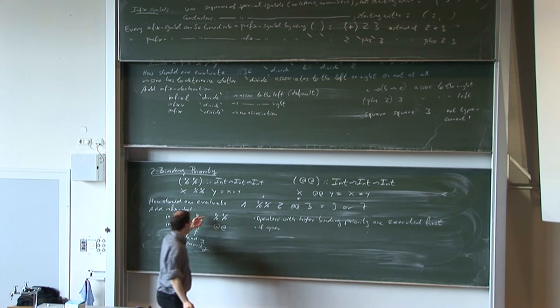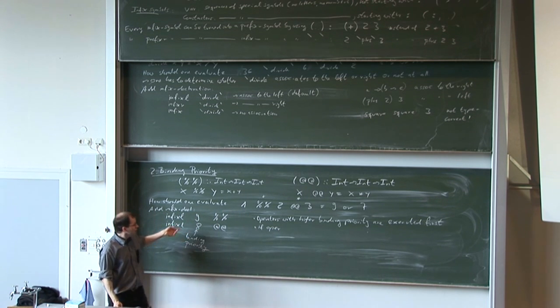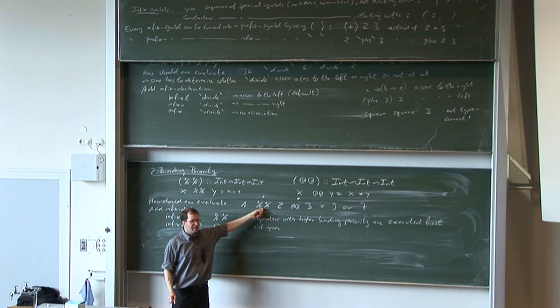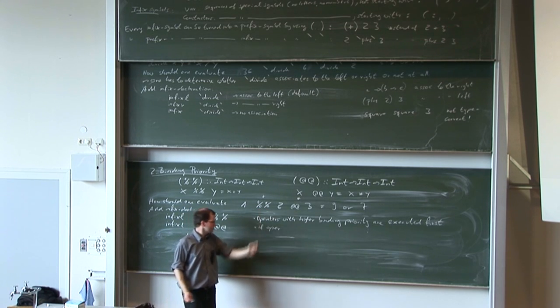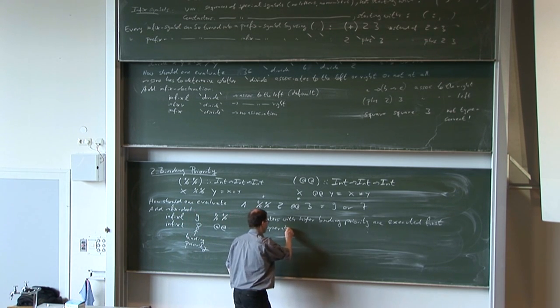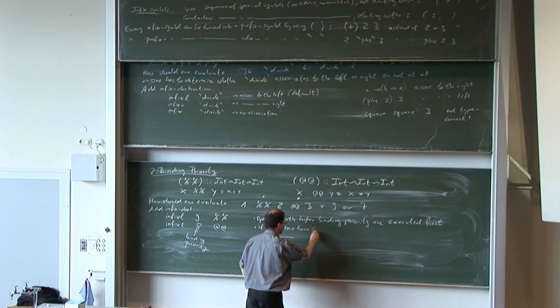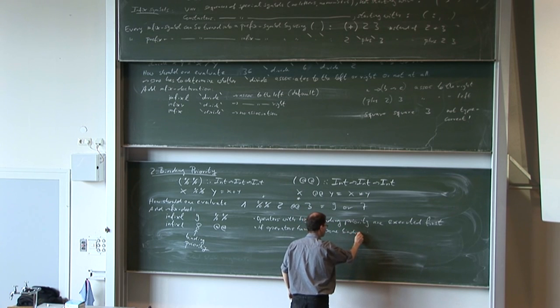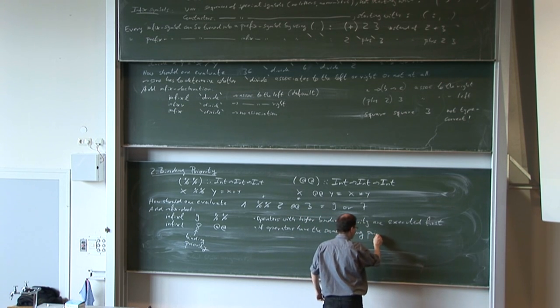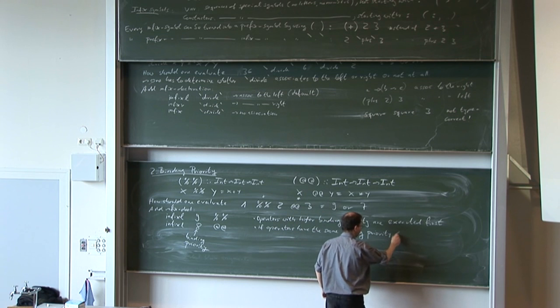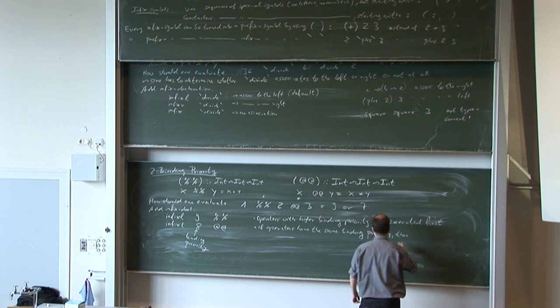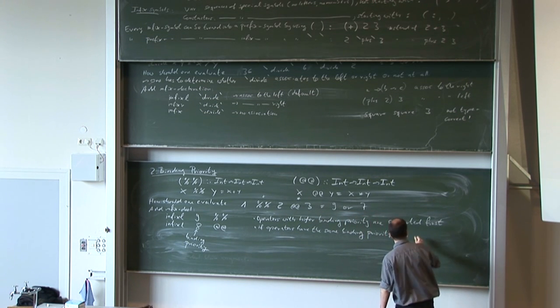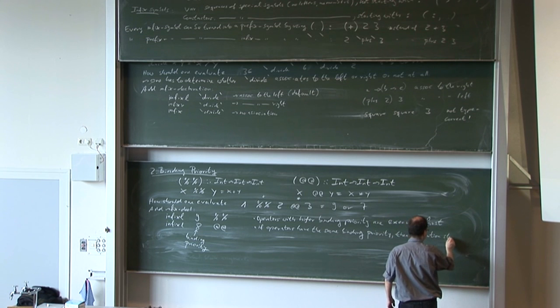So if we would say both have binding priority 8, then you would first execute this because this is the leftmost operator. So if operators have the same binding priority, then the leftmost of these operators is executed first, is evaluated first. Then execution starts with the leftmost operator.